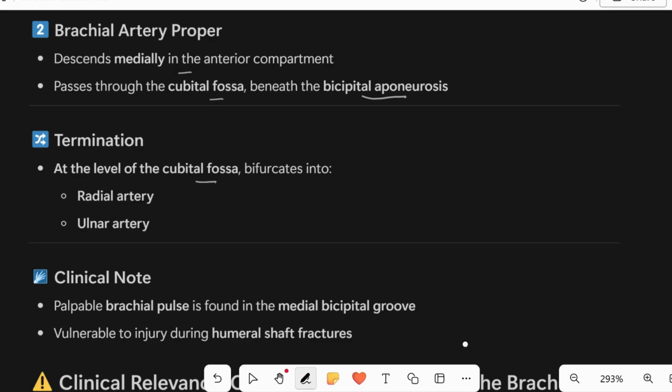So the brachial artery will divide into radial and ulnar artery at the neck of the radius in the cubital fossa. So the clinical point over here is that the brachial artery is vulnerable to humeral shaft fractures.